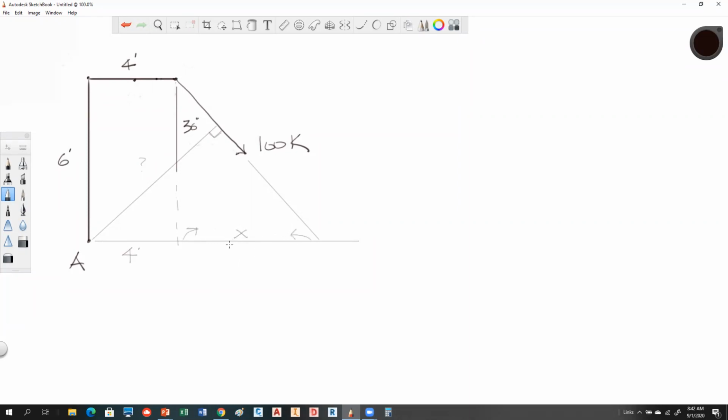If we look at this, we have a tangent relationship. So we can say that the tangent of 30 is equal to opposite over adjacent. Solving for x, that gets me 6 times the tan of 30 degrees.